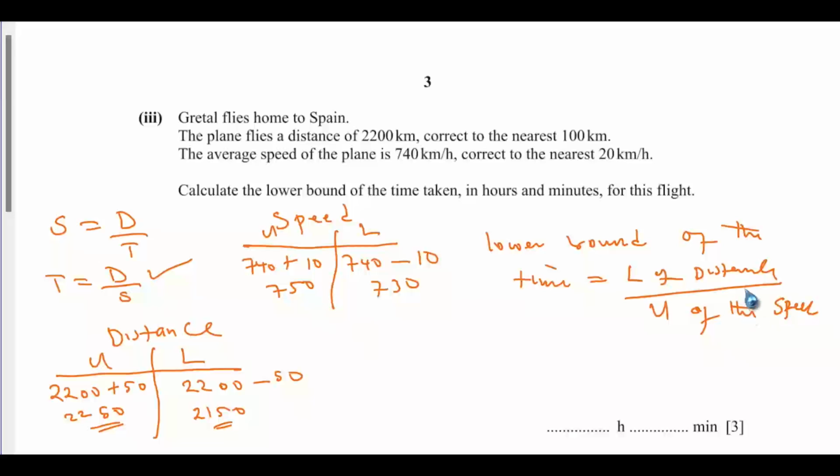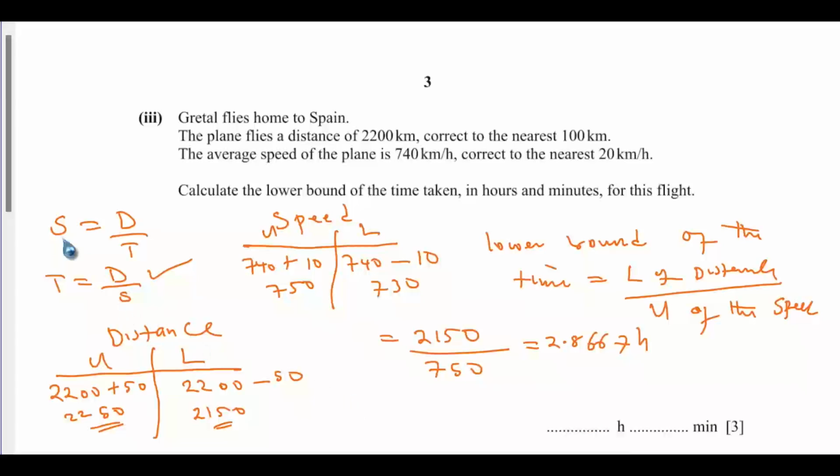So that will give us the lower bound of the time. So that will be equals to 2150 divided by 750. Okay, so that will give us 2.8667 hours, but we are asked to leave our answer in hours and minutes.